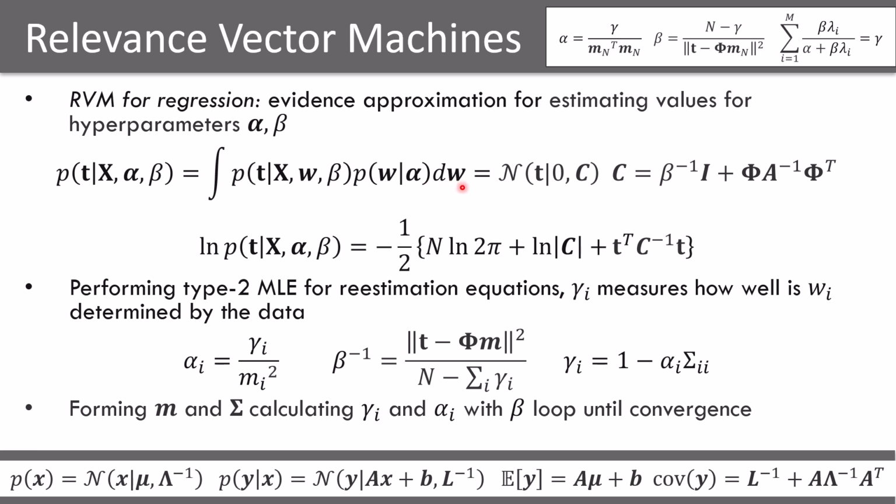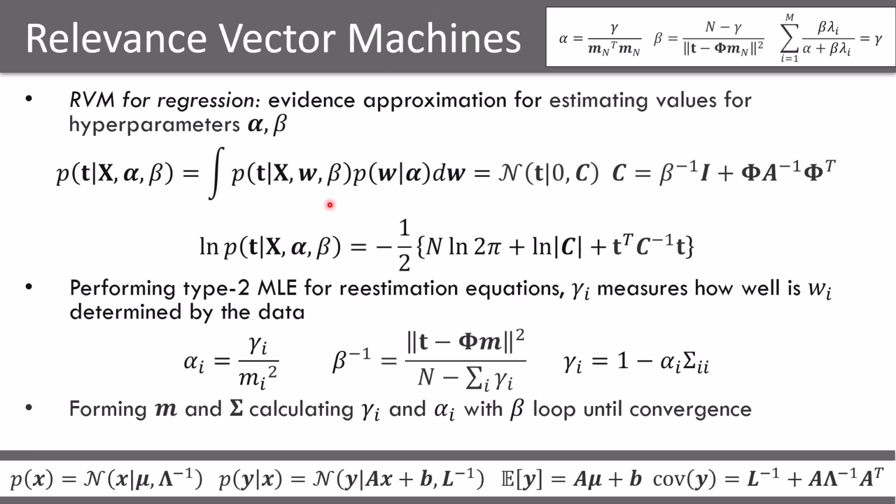So for all weights, what is the probability of t given x? That can be calculated again from our previous results, where we know the results about the conditional distribution. So how do we calculate our marginal likelihood?